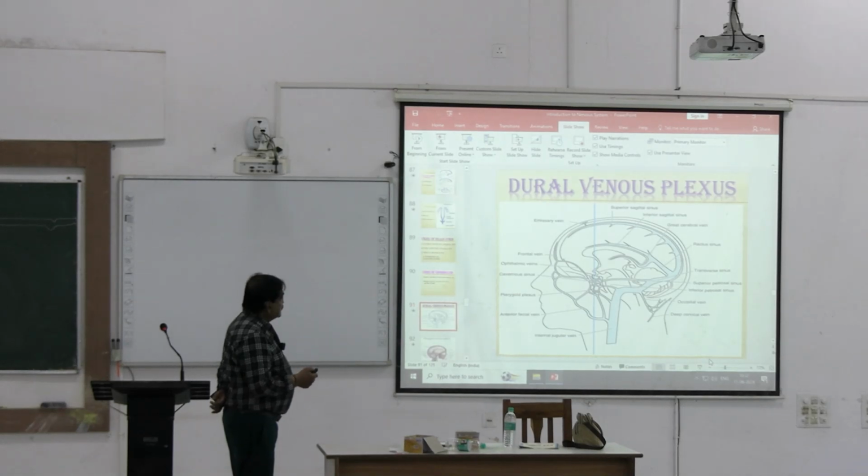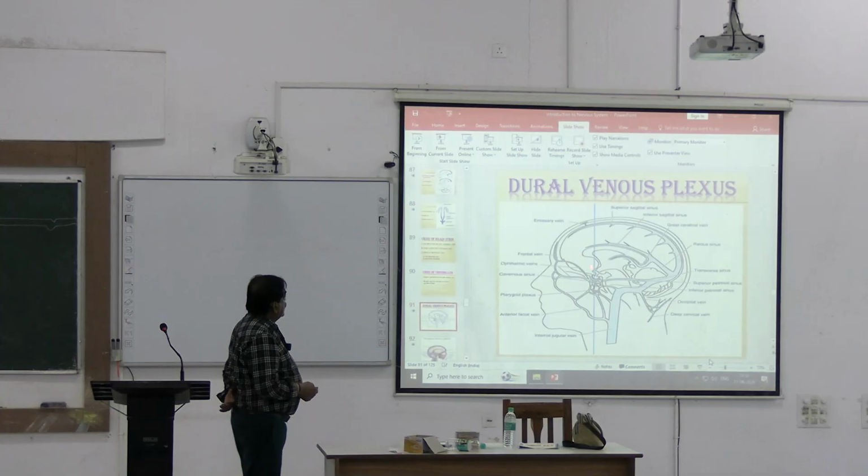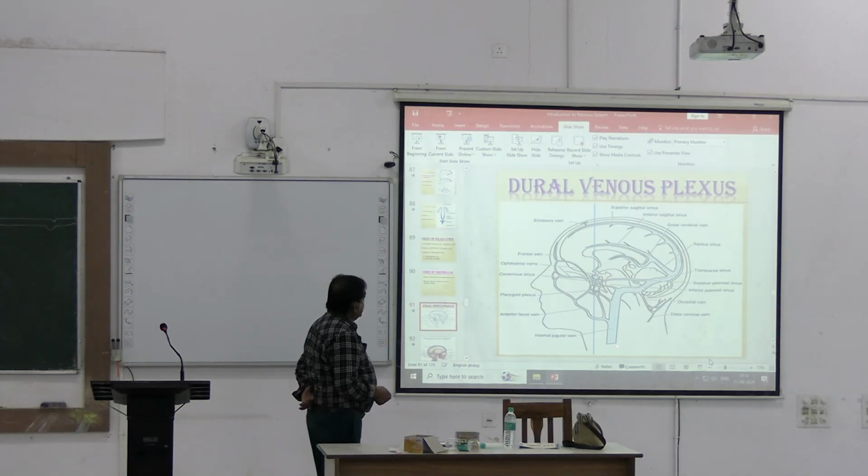Dural venous plexus. See, this is the internal jugular vein.